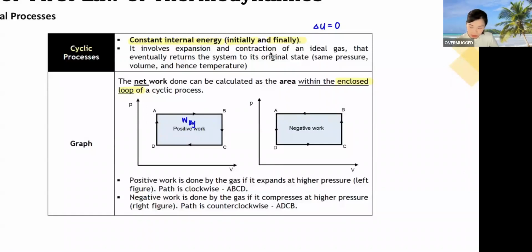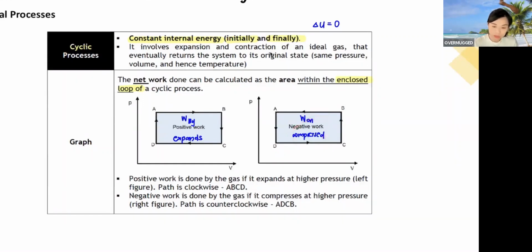However, if let's say my volume is decreasing from B to A, can you see that? And the area under the graph is this big. Then the expansion from D to C, the area under the graph is only this big. Then this is negative work done, which means that there is work done on the system. Your gas is actually being compressed. Understand? Okay. So this is where your gas is being expanded. And the other one is where your gas is being compressed. Clear? Okay.